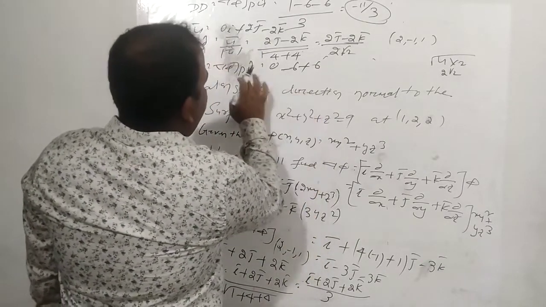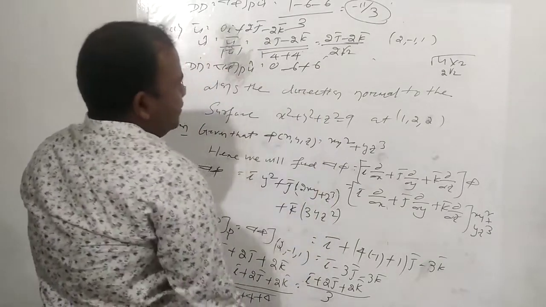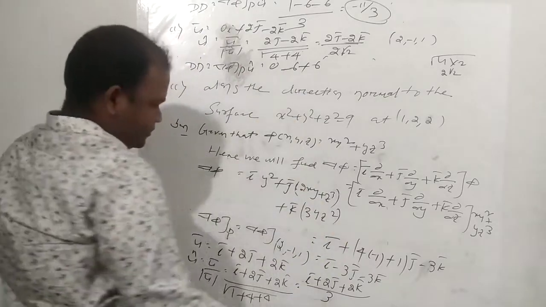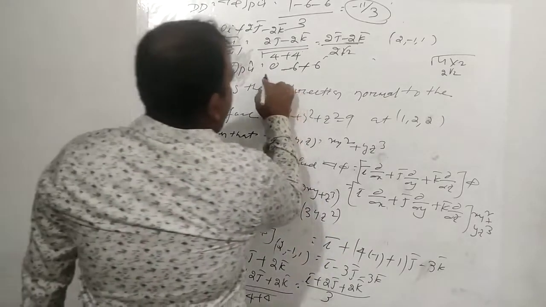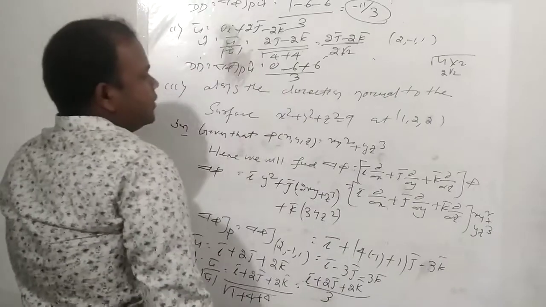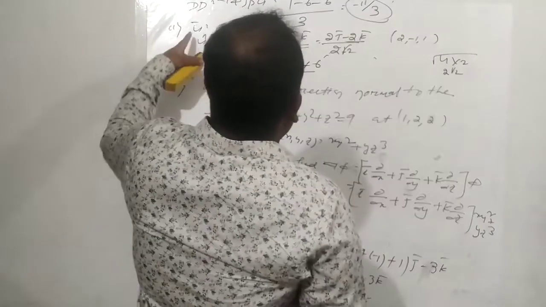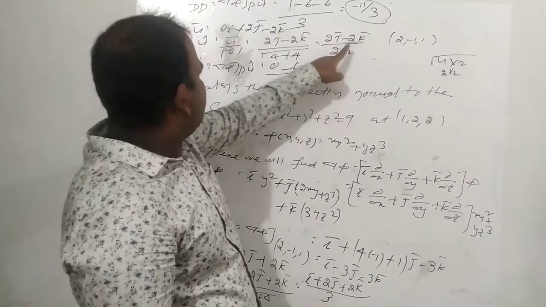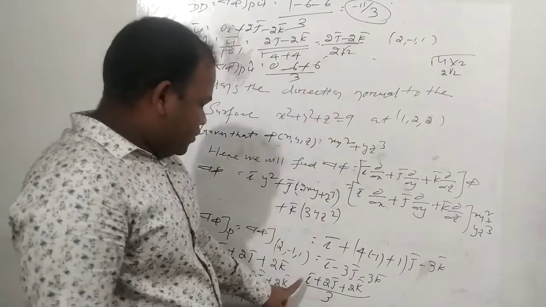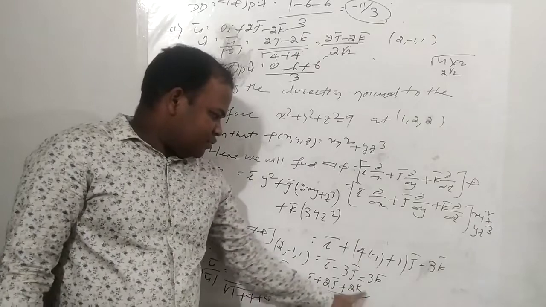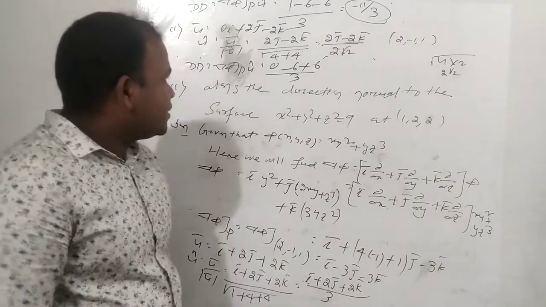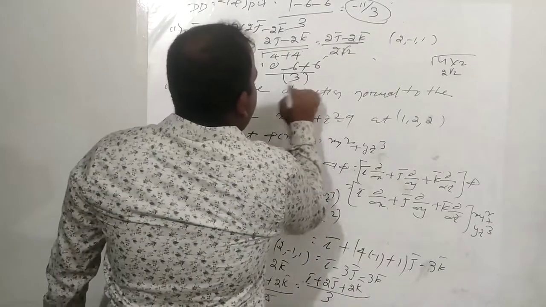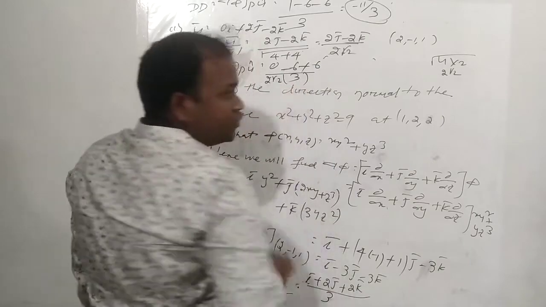Del phi p into u cap: u cap is 2j minus 2k upon 2 root 2, and del phi is i minus 3j minus 3k.